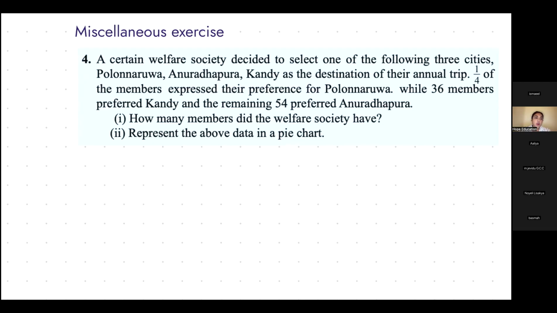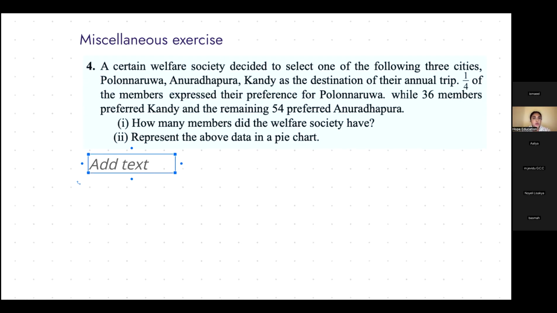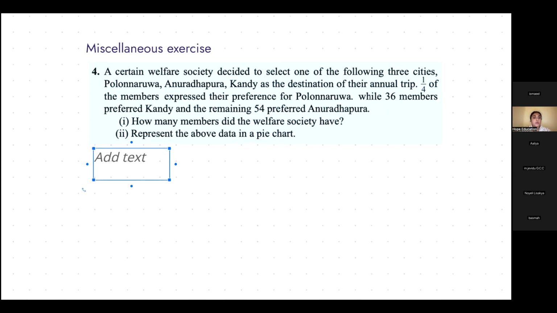According to this information, let's list what we have. There are 3 cities: Polonnaru, Anuradhapura, Kandy. 1/4 of the members expressed their preference for Polonnaru, which is given as a fraction. 36 members preferred Kandy.